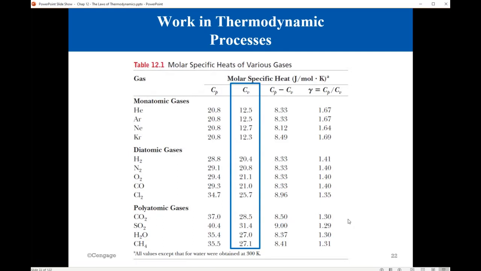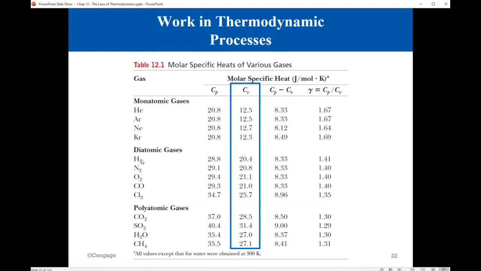In this table, we see a list of the molar heat capacity coefficients, and you can see for the monatomic gases, the inert gases like helium, argon, neon, and krypton, this is 3/2 R. R is the gas constant.